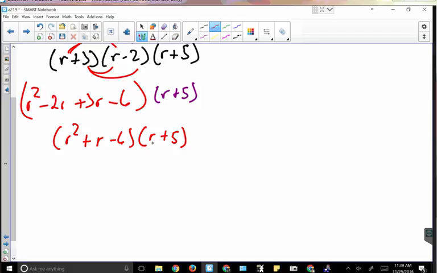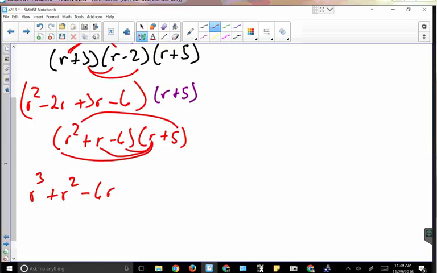I can take the r, multiply it here, and I end up with r cubed. R times here plus r squared. R times this minus 6r. I can take the 5, multiply over here, plus 5r squared. Multiply here, plus 5r. Multiply over here, minus 30.